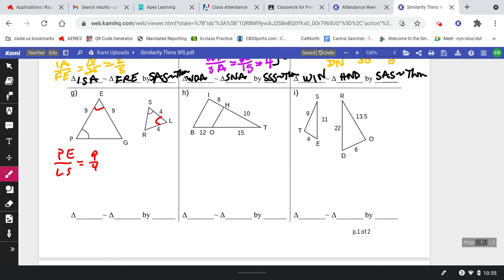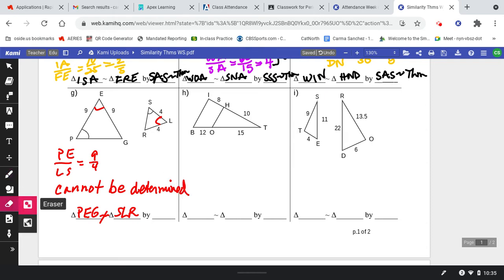So then we're going to say triangle PEG is not similar to triangle SLR because it cannot be determined. And why is that?